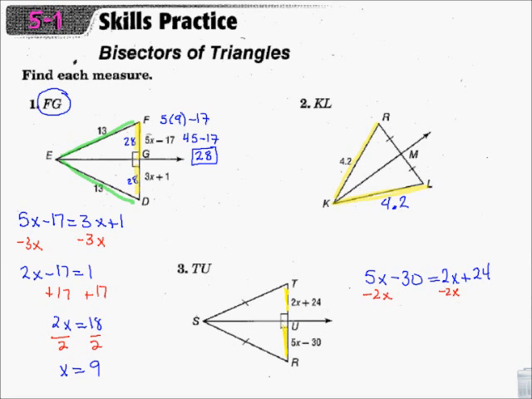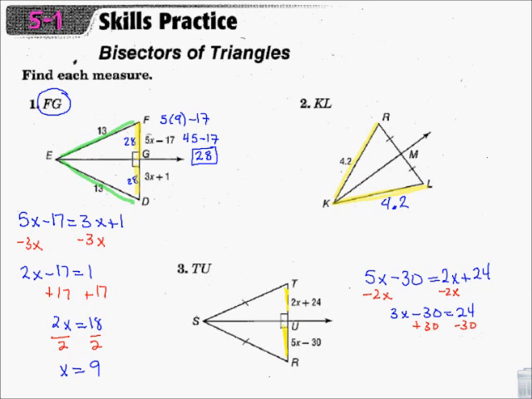So take 2x from both sides. You get 3x minus 30 is equal to 24. I subtracted the 2x from both sides, right? Oh, I wrote it the wrong way. That's okay. You'd get 24 is equal to 3x minus 30.